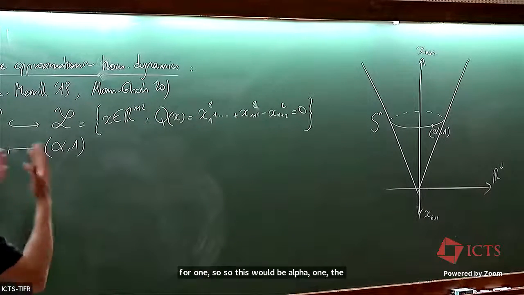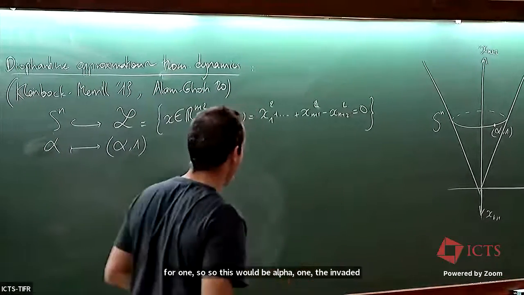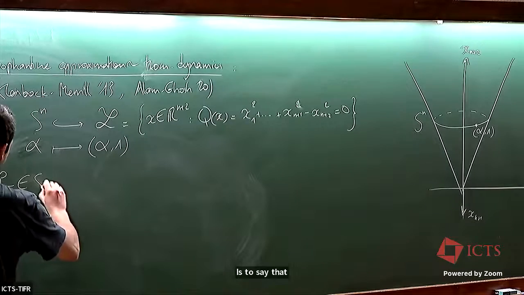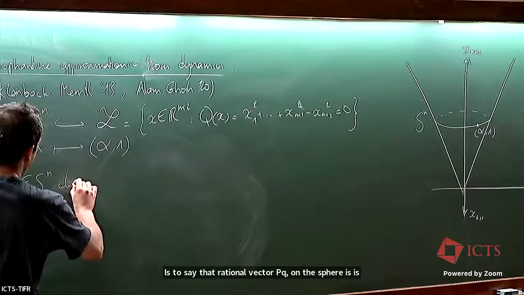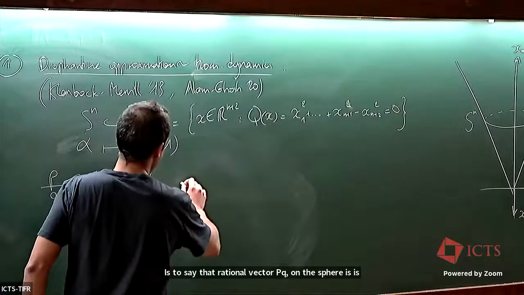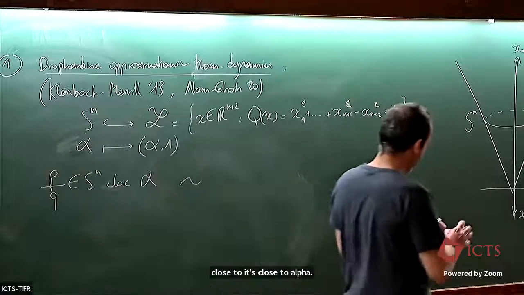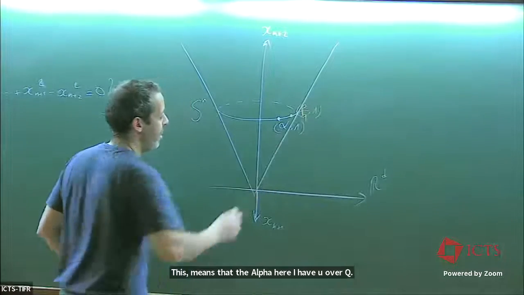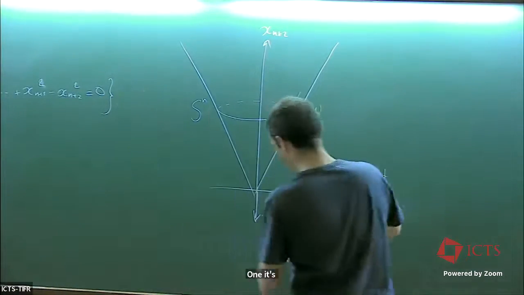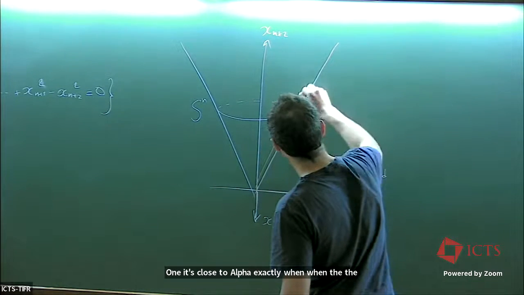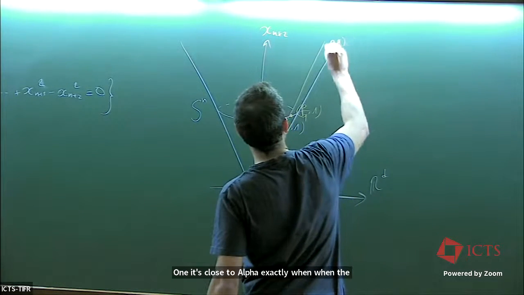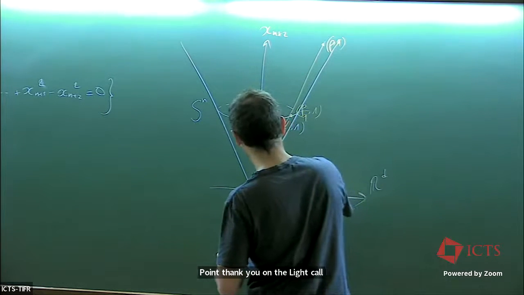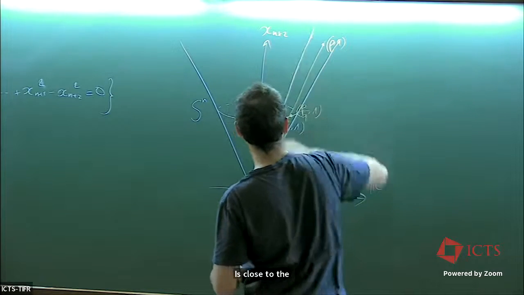And then the very transparent geometry of the problem is to say that a rational vector p/q on the sphere is close to alpha exactly when the integer point (p,q) on the light cone is close to the ray through (alpha, 1).